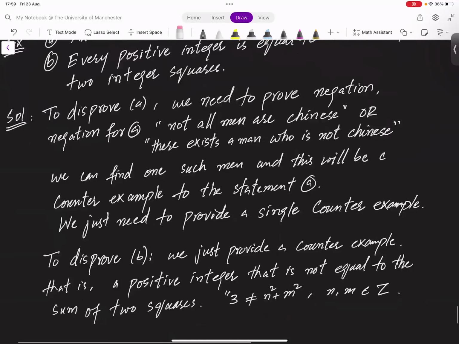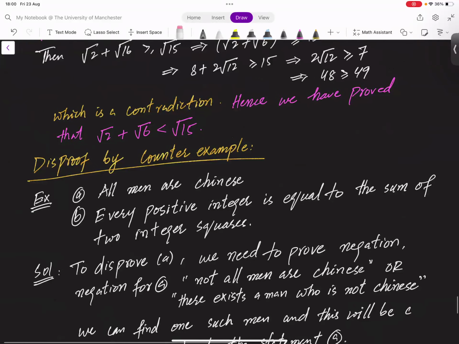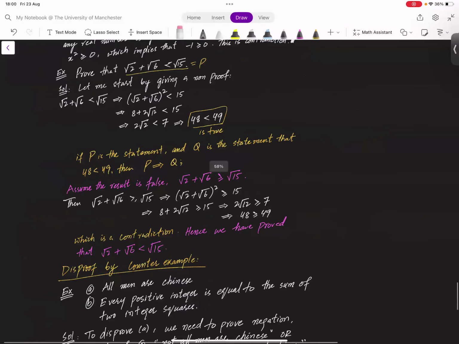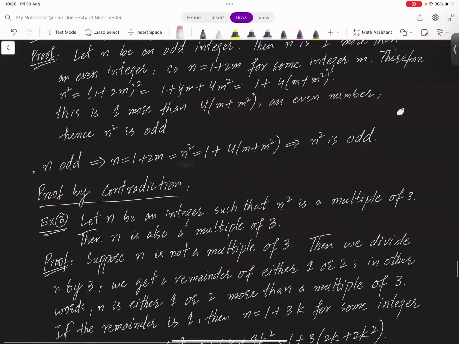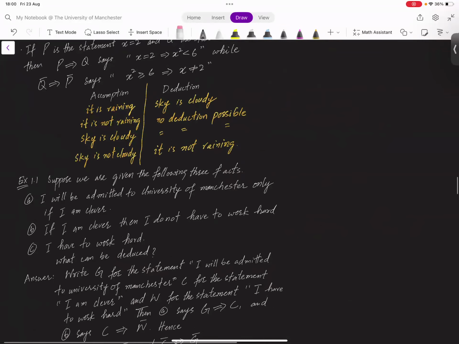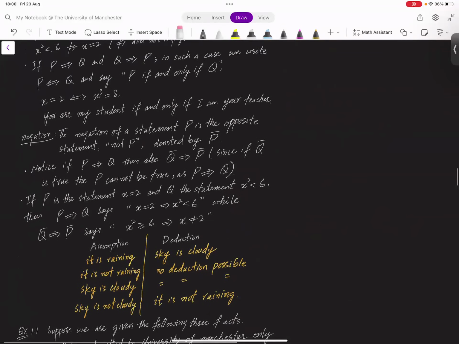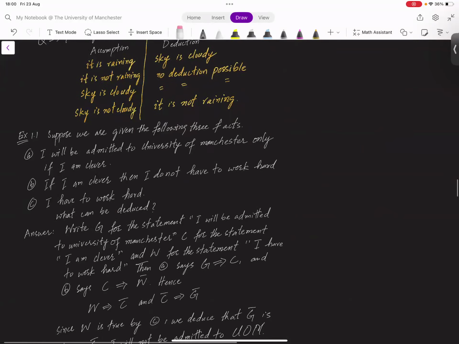So the first one could be by simply proving the statement.